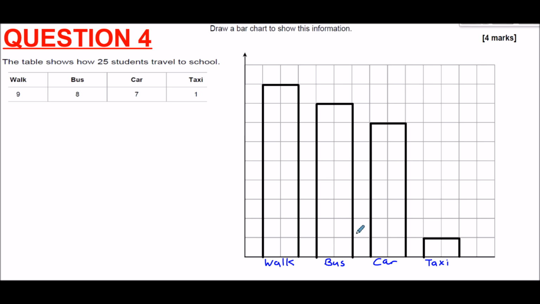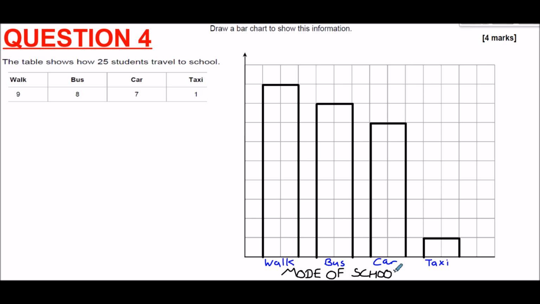Now even that wouldn't be enough, because someone could think, well, is this types of transport which people use to get to work? Is it types of transport people prefer to use? No, it's the ways students get to school. So what you need to do is to label what these are, the type of school transport or mode of school transport.